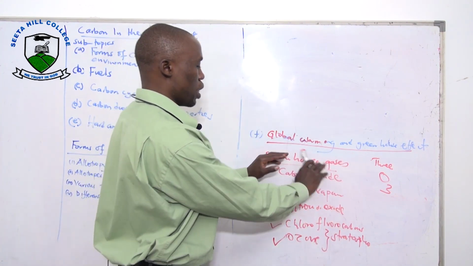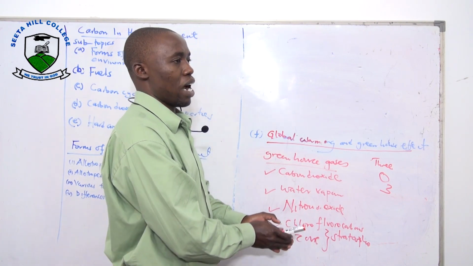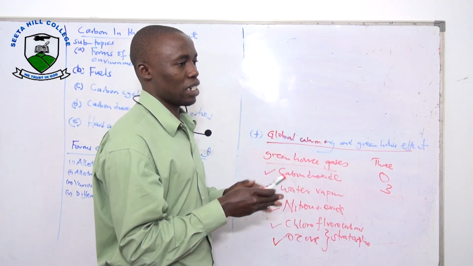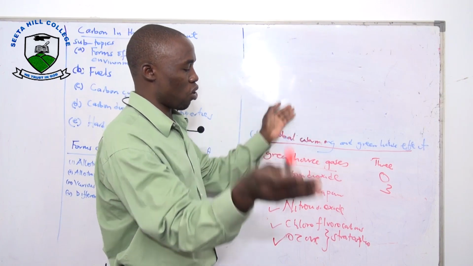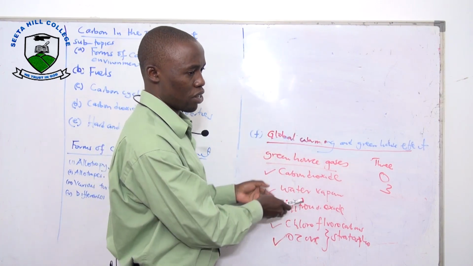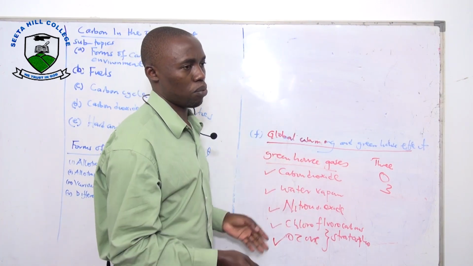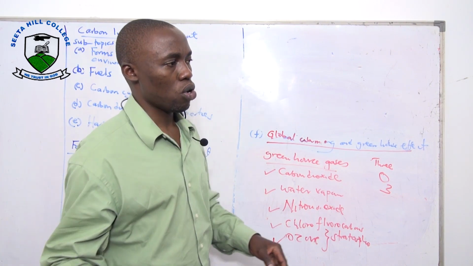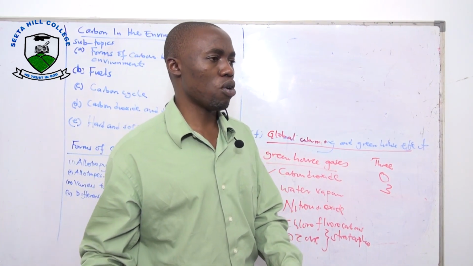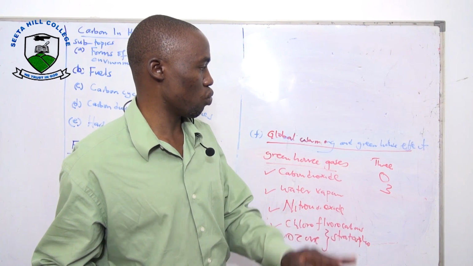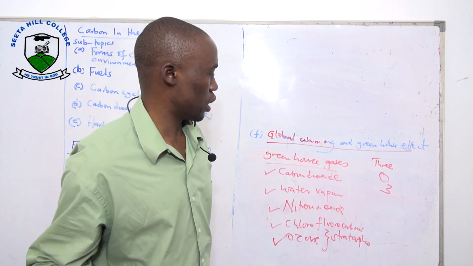Therefore, they will trap heat in them and not release it. Therefore, since the atmosphere will have trapped heat by this, the earth will warm up. That's what we call global warming: the warming up of the earth's surface due to the greenhouse effect.